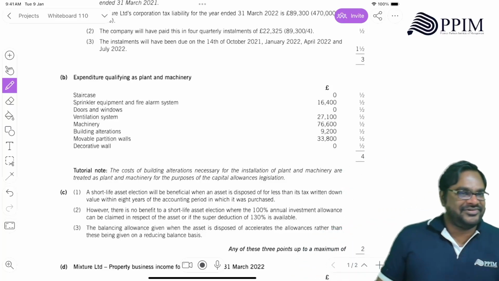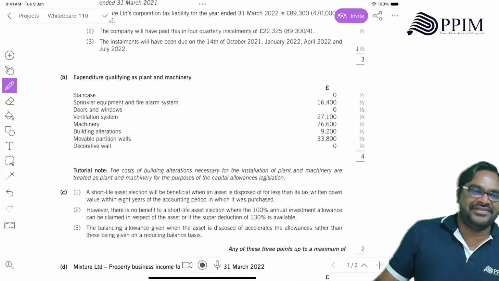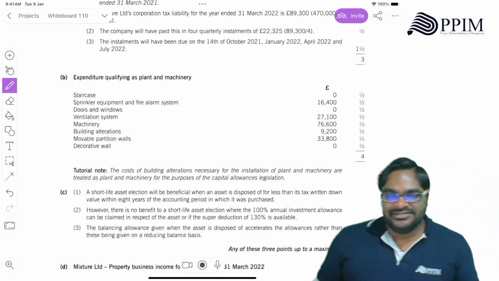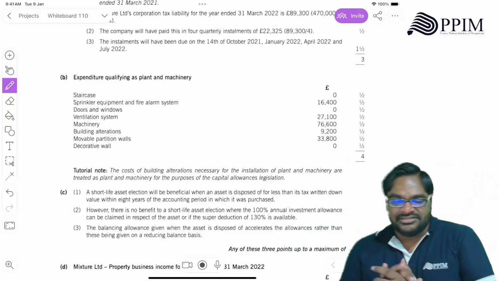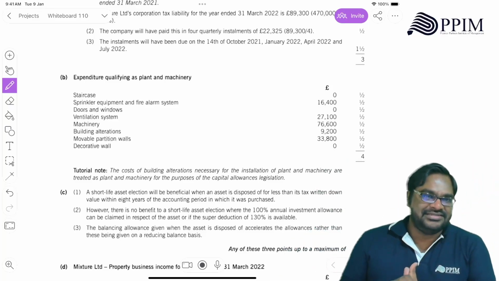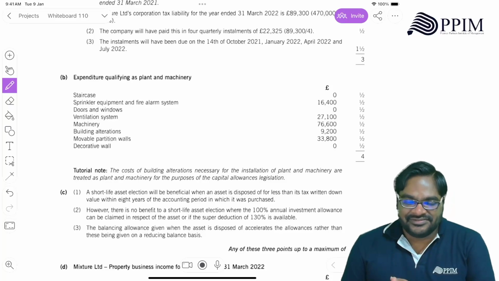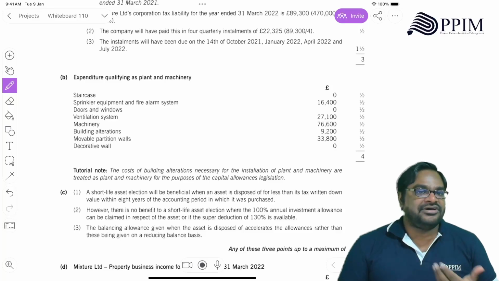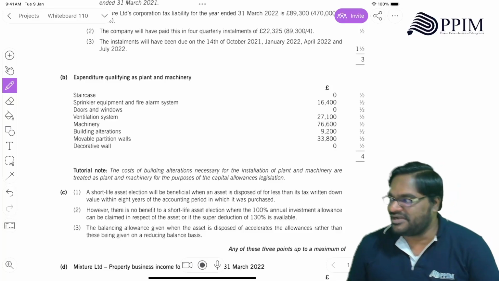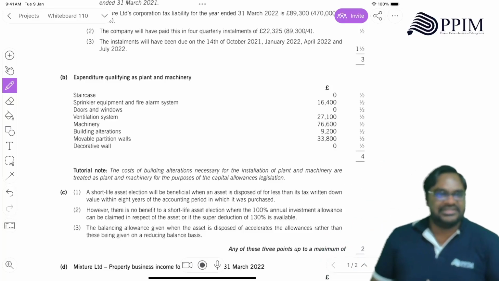Even cars, computers, lorries, all were there. Then the machinery, obviously, it's a plant and machinery. Building alteration we discussed, again, that has been done to install the machine, so we consider that also as a part of the plant and machinery pool itself.